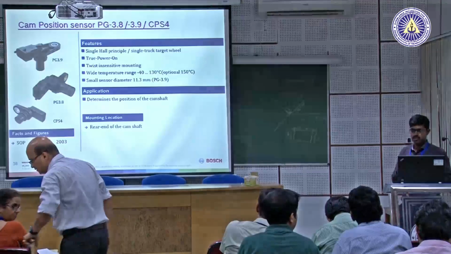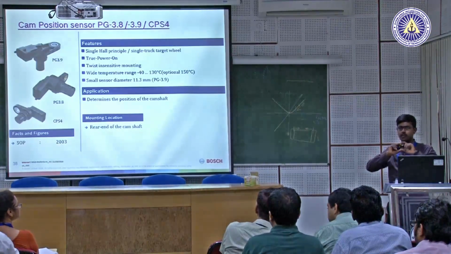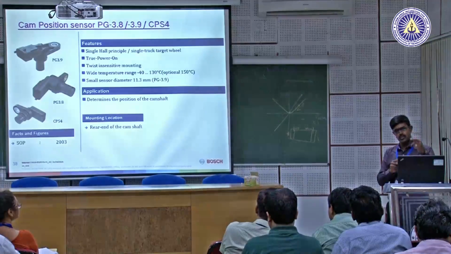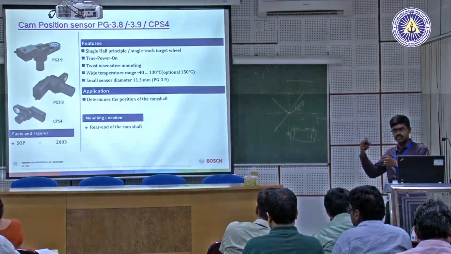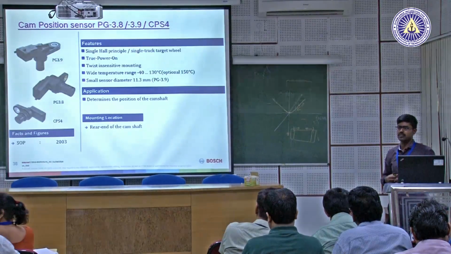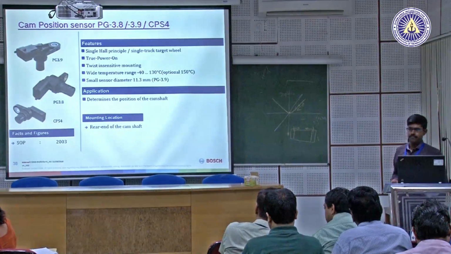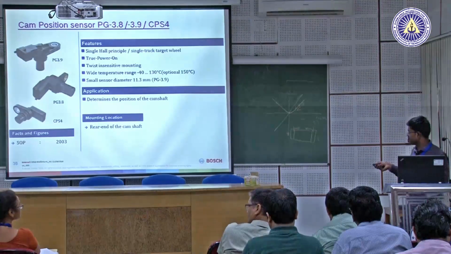For a 4-cylinder engine you have different types or profiles of the cam lobe, for which you use one sensor. Because of the different shape and size of the cam lobe, you know the position of each cylinder, and that is what it is used for. The mounting location is the rear end of the camshaft.